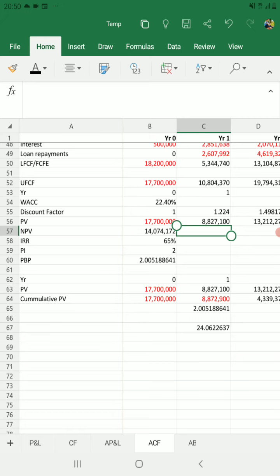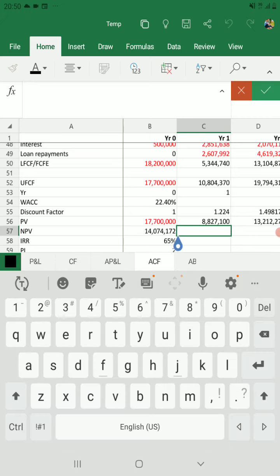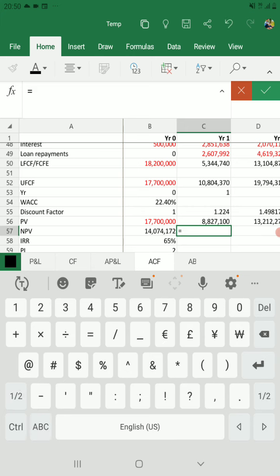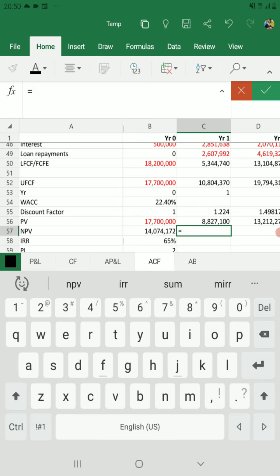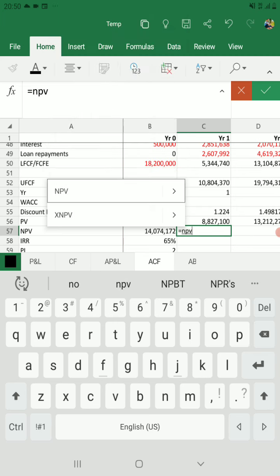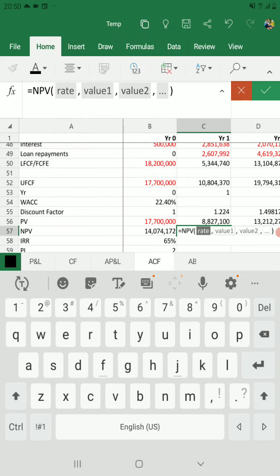So we start with equal sign, and then NPV. When I use this, you see I need to put rate first, as the formula bar indicates.